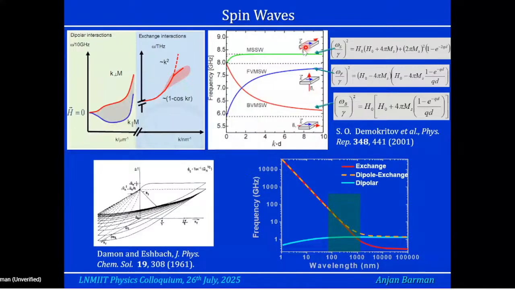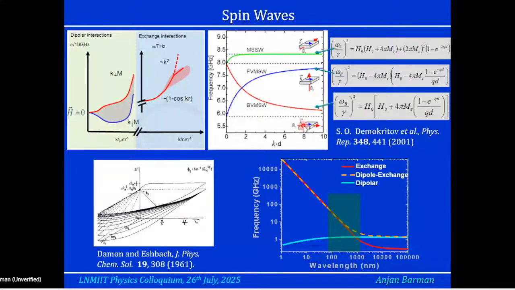So depending on the relative orientation of the magnetization and the wave vector, you can have different kinds of spin waves. So this is the surface spin wave, or the magnetostatic surface wave, where both are in the same plane and perpendicular to each other. This is the forward volume wave, where the magnetization is along the perpendicular direction, whereas the wave vector is in the plane.